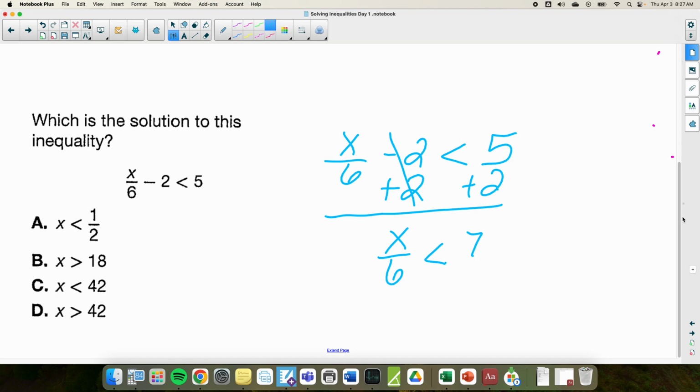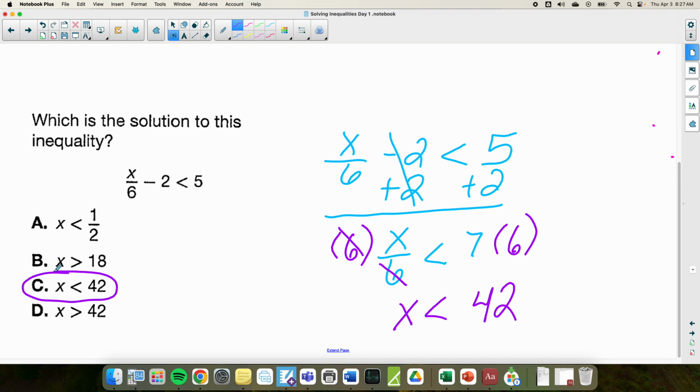Now, do you guys remember, like in algebra, if you have x divided by 6 and you want to get rid of that 6, you can multiply both sides by 6. And what happens then is those cancel, and you would get x is less than 42. So you can always get rid of that 6 on the bottom by multiplying both by that. So here we'd get x is less than 42.